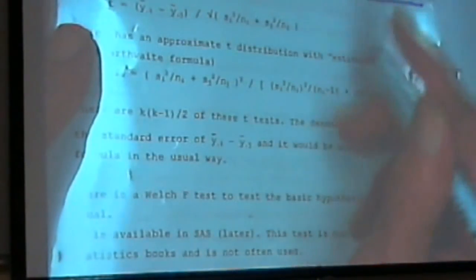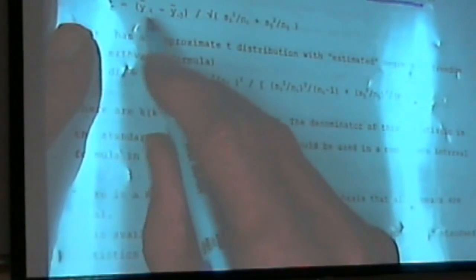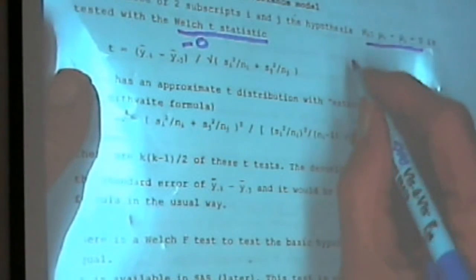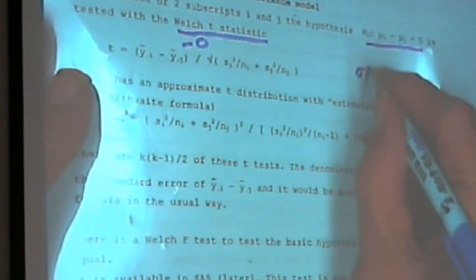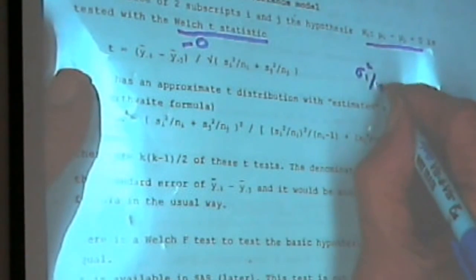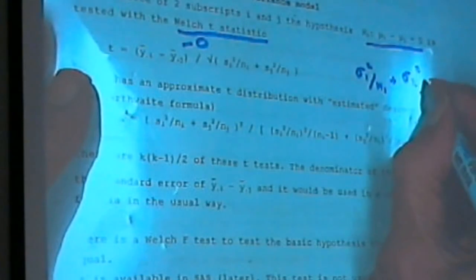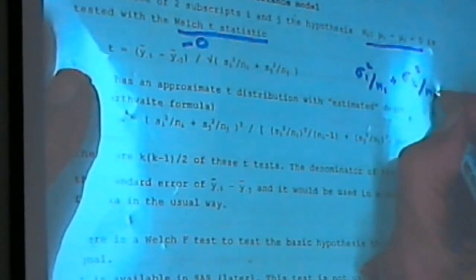So you remember the distribution of the difference between two y bars. What we have basically is the sample difference of means minus 0 from the null hypothesis. Then we divide by the square root of the variance. Now the variance should be sigma 1 squared over n1 plus sigma 2 squared over n2.